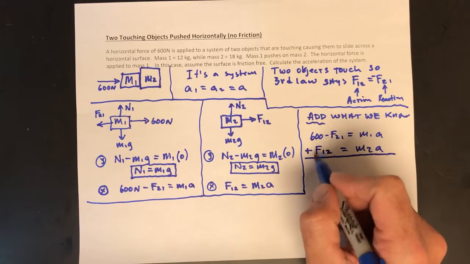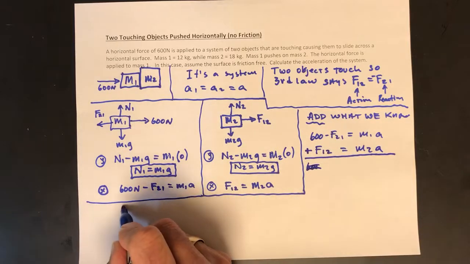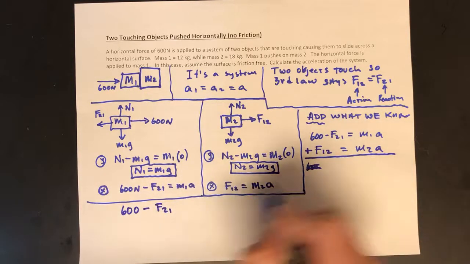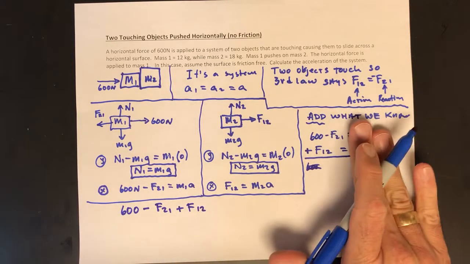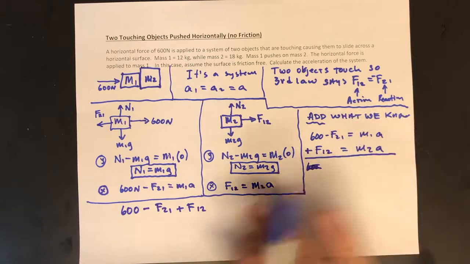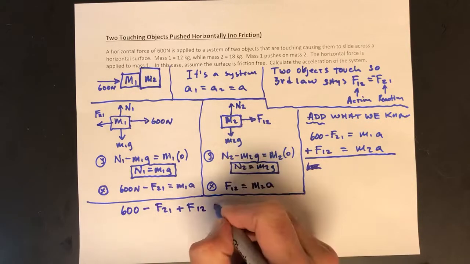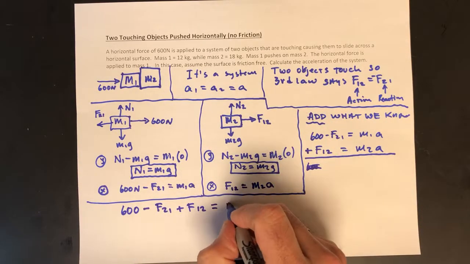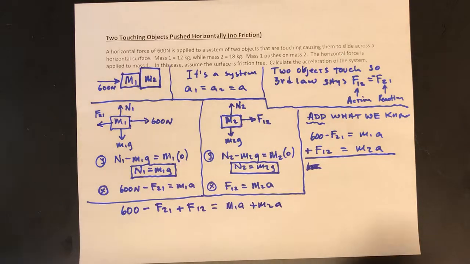So on the left side of the equation is going to be 600 minus F21 plus F12. And that's equal to the right side of the equation, M1A plus M2A. Now, I'm going to make a point here.